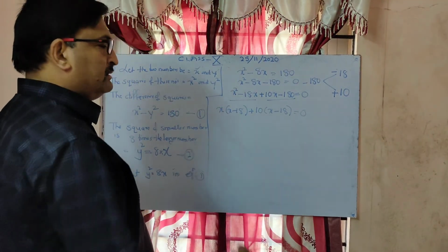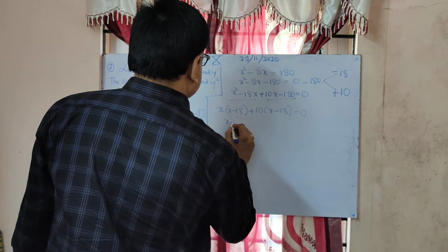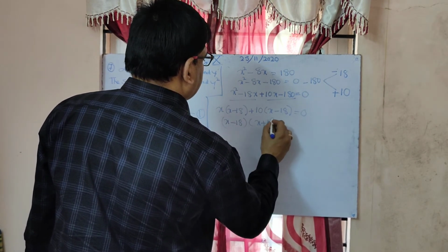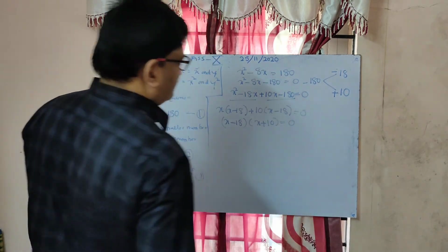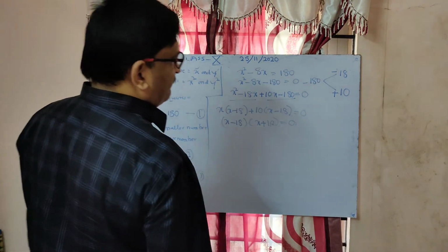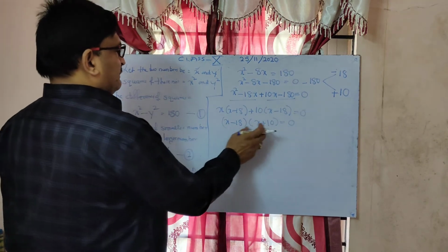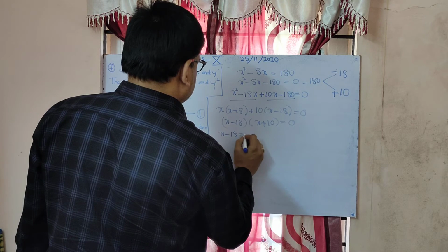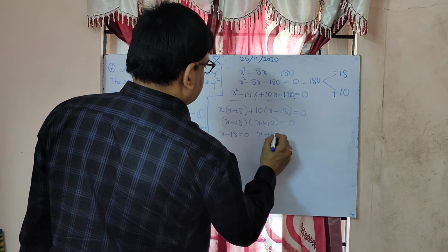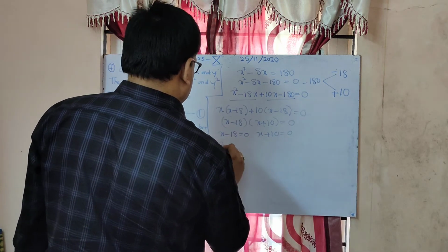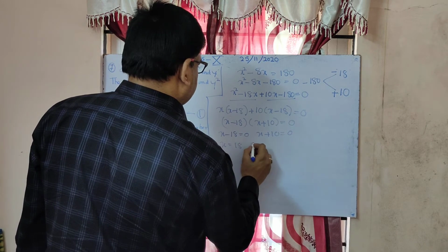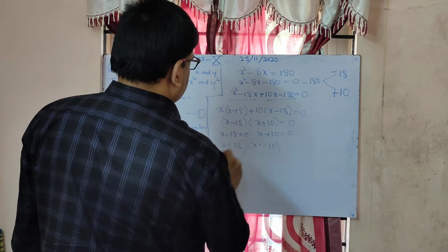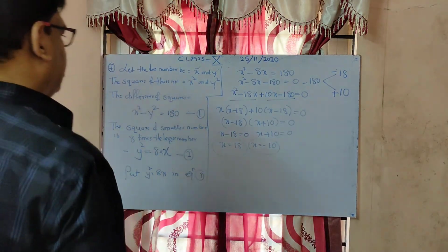So x minus 18 and x plus 10 equal to 0. Now equating both the brackets to 0, what happens? x minus 18 is equal to 0, x plus 10 is equal to 0. So x equal to 18 and x equal to minus 10. So now we got the value of x.